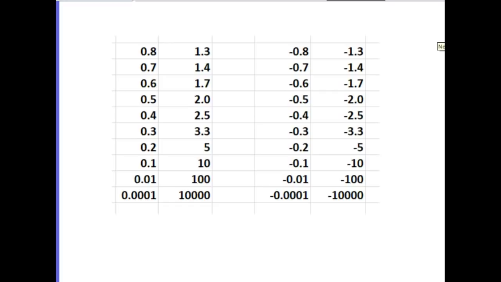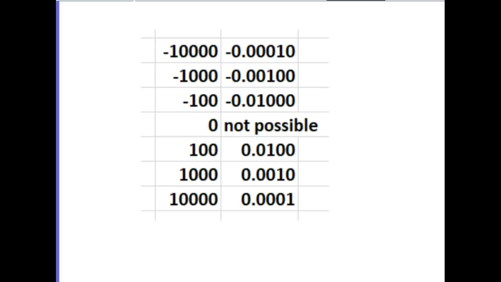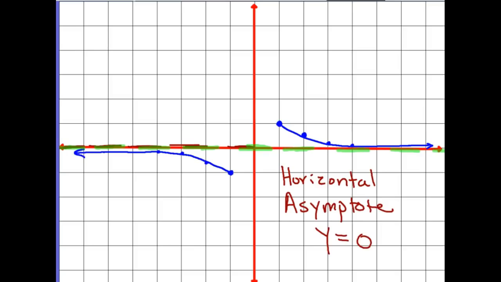And so if I graph 1 over 0.8, the way I got this number is I used an Excel spreadsheet, and I put 1 over 0.8 in my spreadsheet, 1 over 0.7 in my spreadsheet, and you can see as I do this, these numbers get bigger and bigger and bigger.